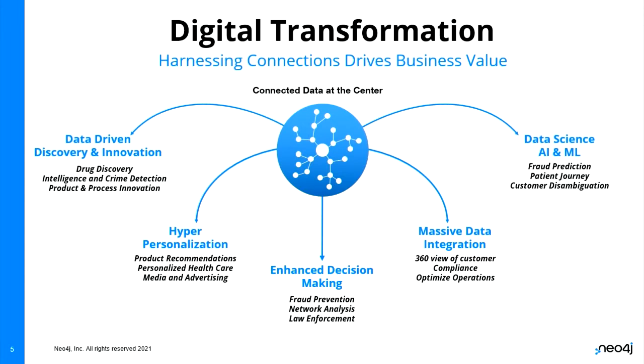Then there's helping with decision-making, business intelligence, and data warehousing. Using that data more effectively will help you make better business decisions. Then there's large-scale data integration, trying to get a 360-degree view of anything. So you need to consolidate and pull the data together to get a 360-degree view of your customer.